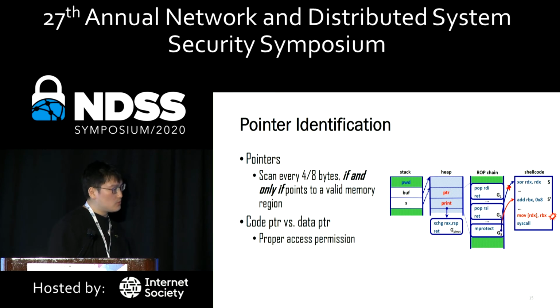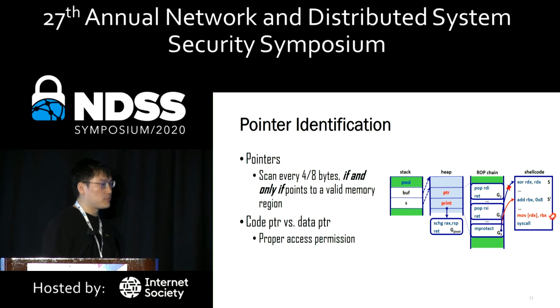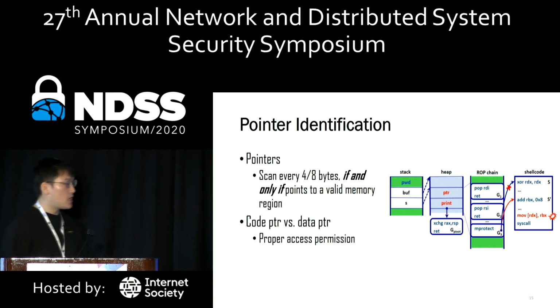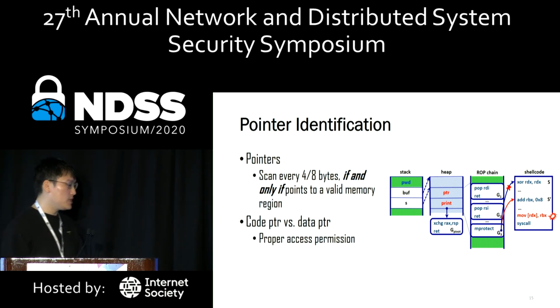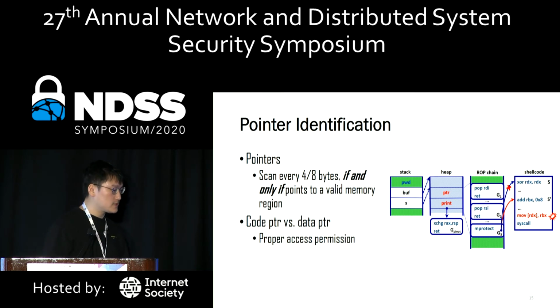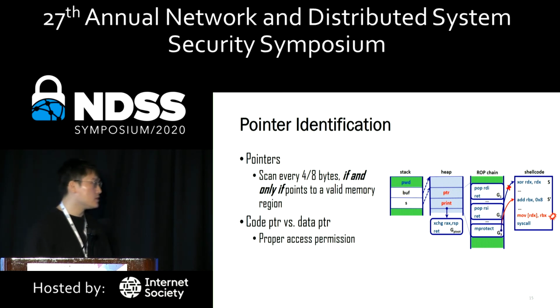Furthermore, we can distinguish code pointers from data pointers based on the access permission of the memory region. This information is very much needed by developers because, for example, a code pointer can be an indicator of return addresses, call stacks, callbacks, or implementation of polymorphism in modern programs. And data pointers are heavily used these days to point to complex data structures to support efficient memory access.